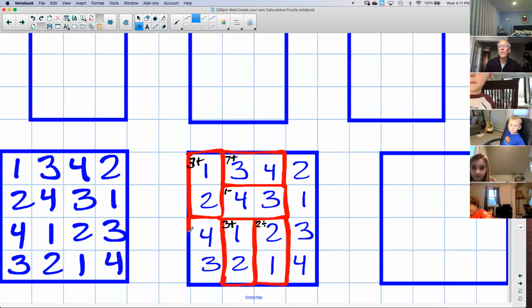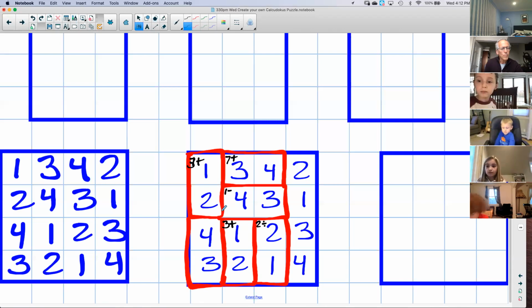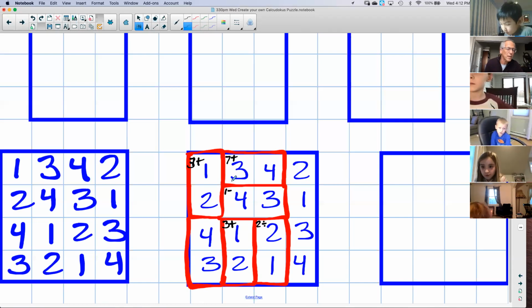Now, choosing the 4 and the 3, do you think you could do a different operation than this 4 and 3, which was a 7 plus?